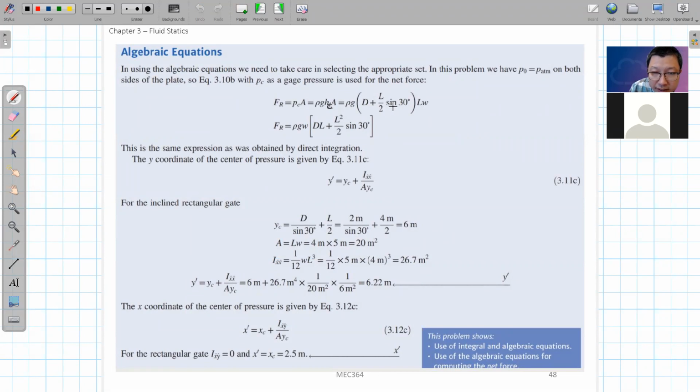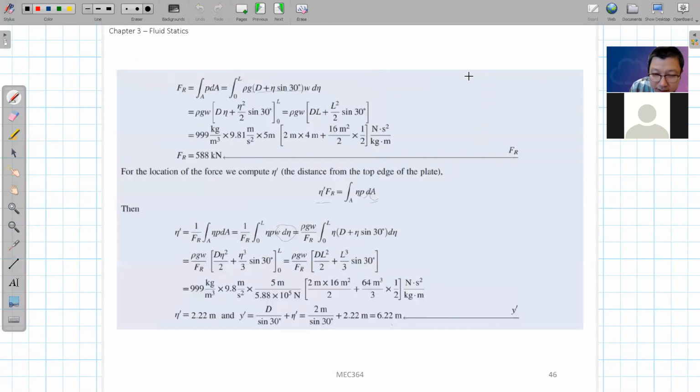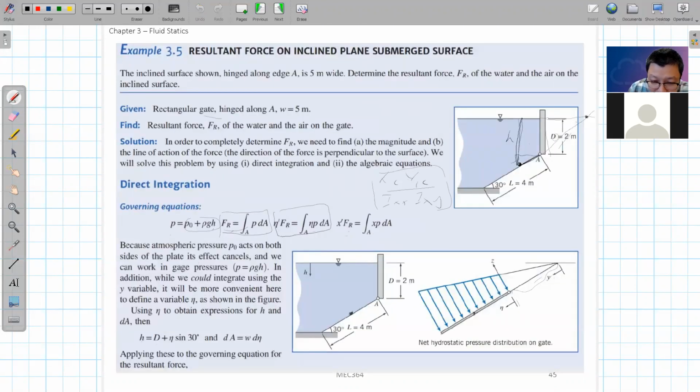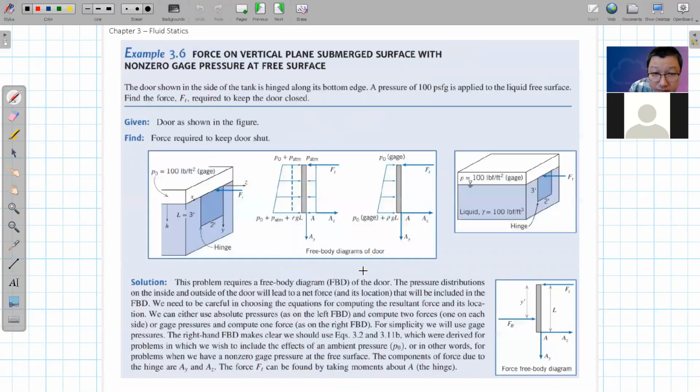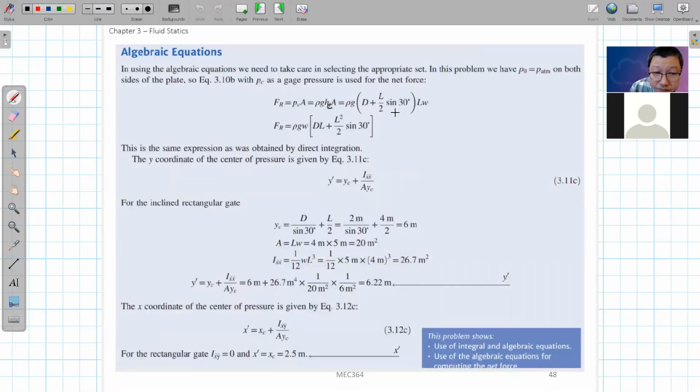So this gives you our hC, plus this D. So that is how this h will be, right? This h will be L over 2 times this sin 30 degrees, plus this D. So now we know that this is h of C. And by doing this way, we can quickly calculate what the F_R value will be.